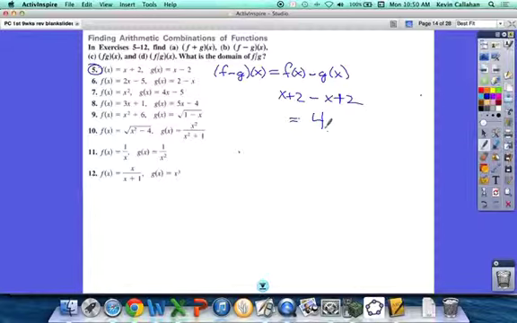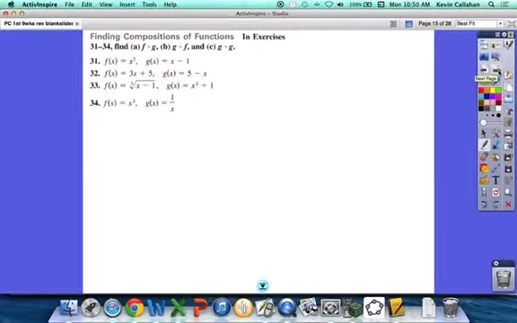Then we had 31 to 34. Can we find a composition of a function? All right, let's take number 32. How do we do f of g of x? Yeah, I mean, it's a multiple choice test, but generally, we usually rewrite it as f of g of x, right?